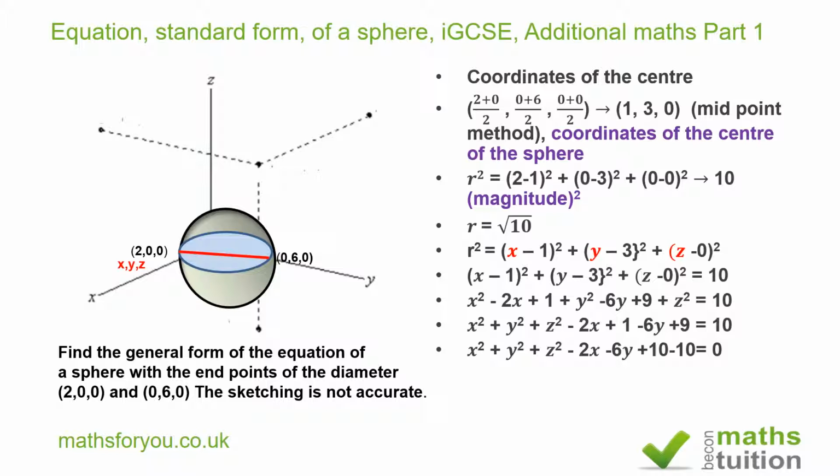Now, when this 10 goes across, the sign will change, so it becomes minus 10 there. So we end up finally with x squared plus y squared plus z squared minus 2x minus 6y is equal to 0. And that is the equation of this sphere.